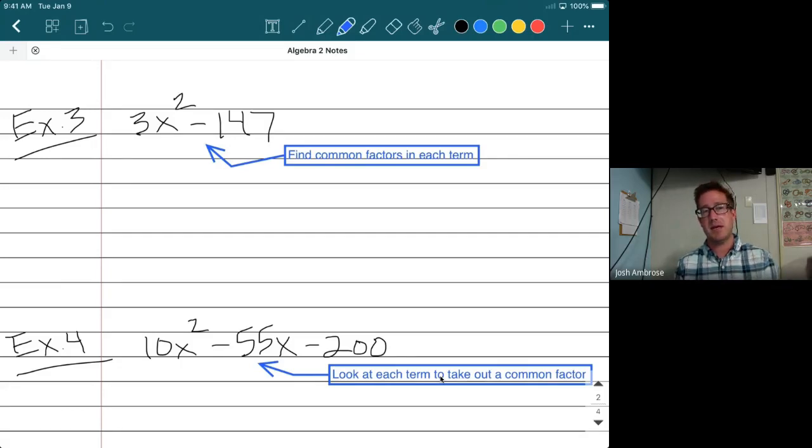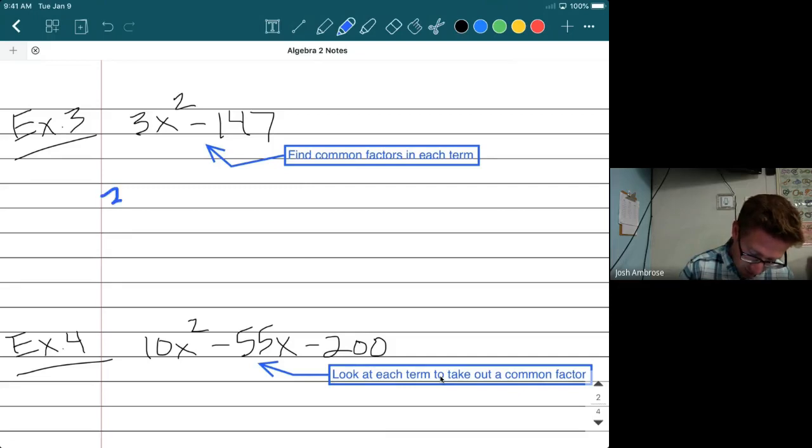Well, I only see an x on one term, so it can't be the variable. So it must be a number. So can 3 go into itself? Yes, one time. Can 3 go into 147? I'm thinking so. How many times? 49 times. So that means let's factor out the 3.